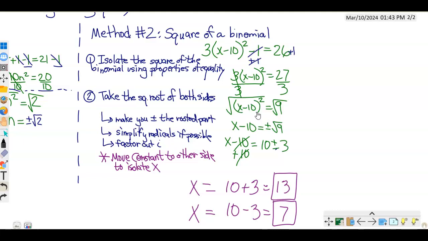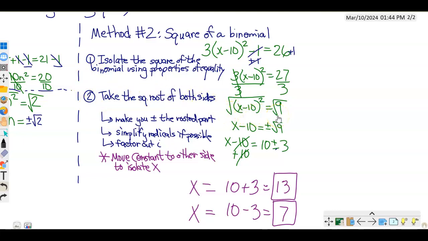There are no operations happening to it right now. Okay? So the procedure is the same as with method 1. You're going to take the square root of both sides.